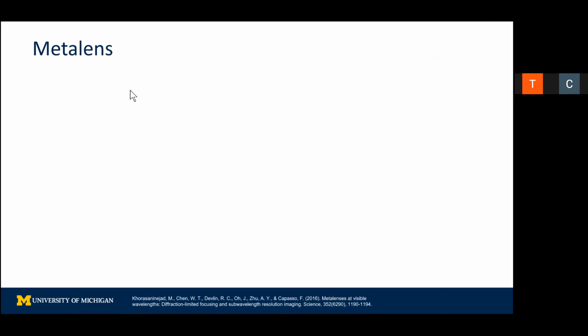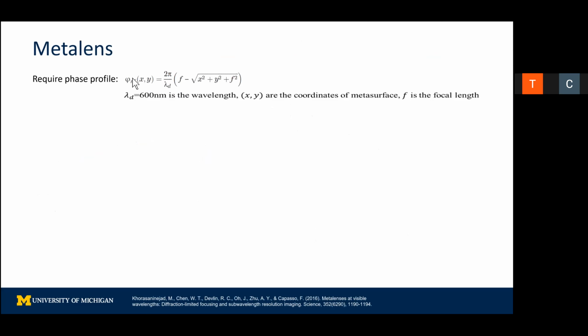Okay, so in the first part, we will look at the metalens. As I mentioned before, the focal length is just like a parabolic phase delay. So we can introduce this phase profile in a 2D surface. Here F is my desired focal length, X, Y is the coordinate on my metasurface, and lambda is my incident wavelength.